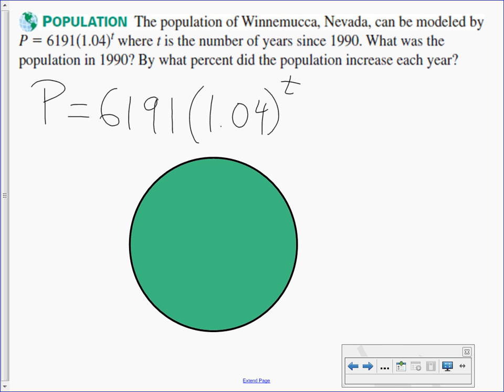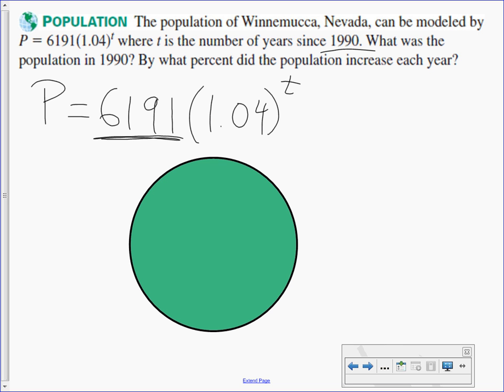That's the kind of stuff you have to do. See how it says population from 1990? If I say what it is in 2000, figure out what t is, how many years have elapsed. What was the original population? What's the initial amount? 6191.